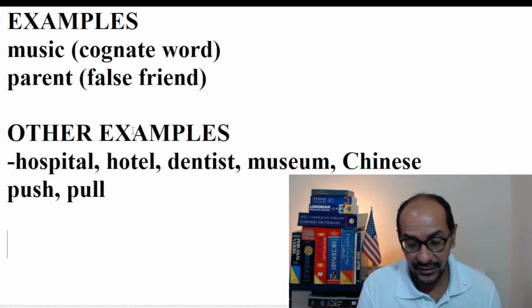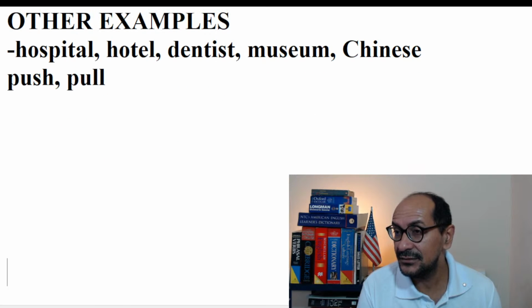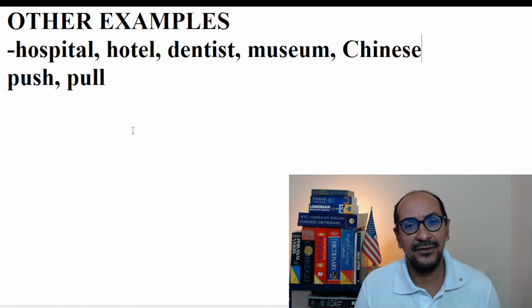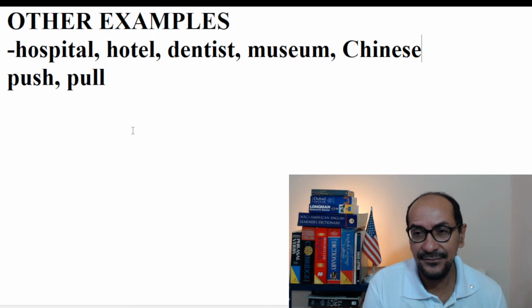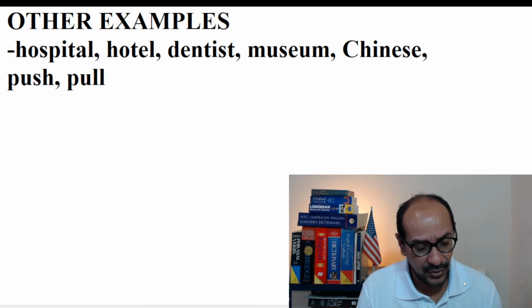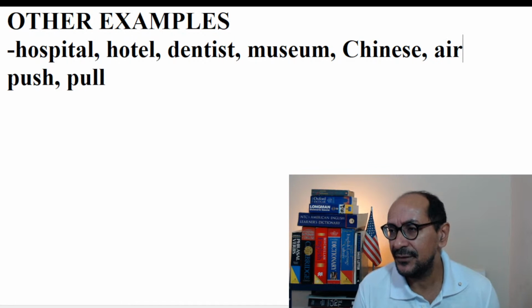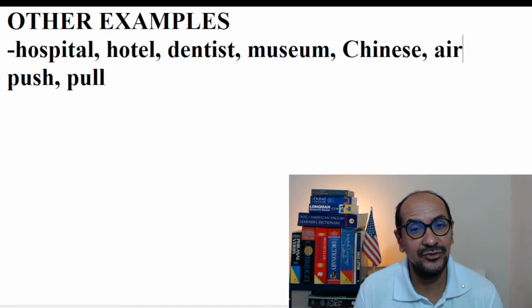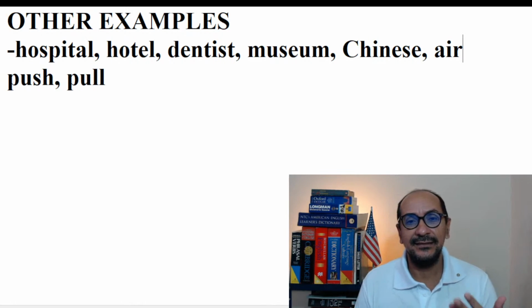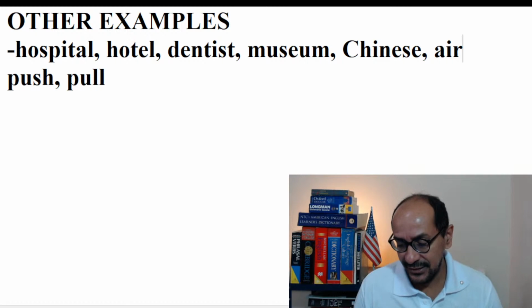Let me just put it a little bit up here, because now you see only the examples. So hospital, hotel, dentist, museum, Chinese. And let me use another word, maybe air, because it's short, not to break the line. So hospital, hotel, dentist, museum, Chinese, and air.